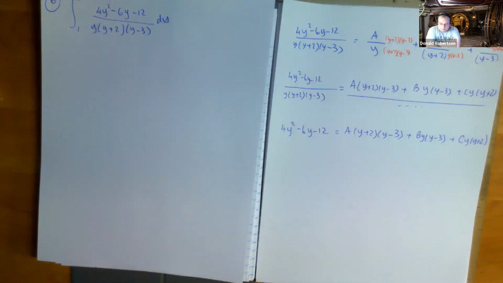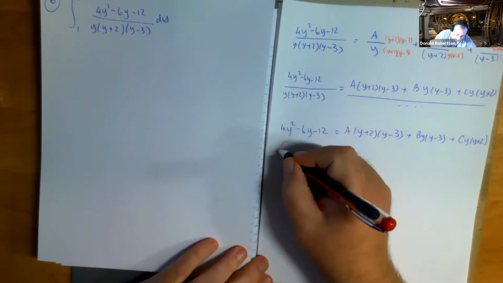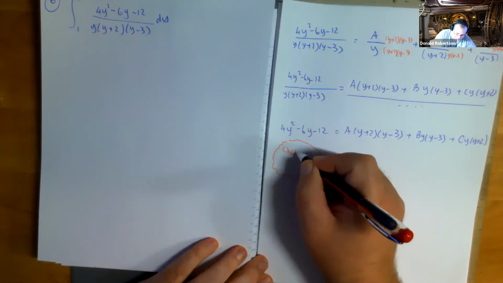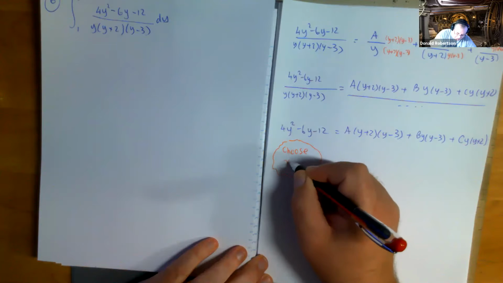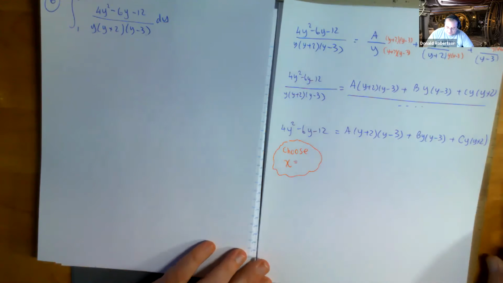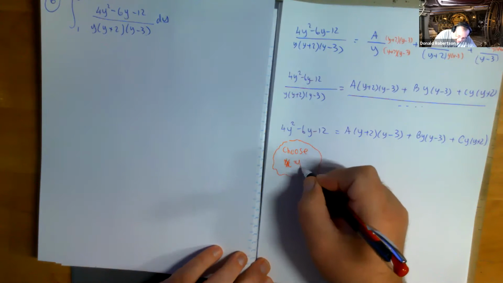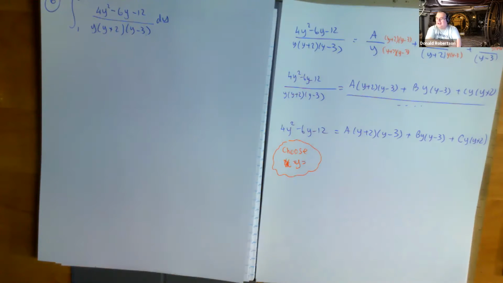So isn't our goal now to find out what numbers A, B, and C are? And the strategy that we're going to use, in this case, choose a y, not an x, but that's a minor difference.